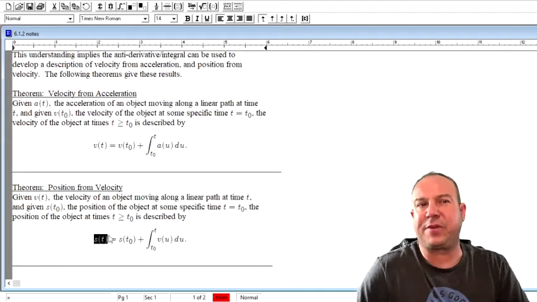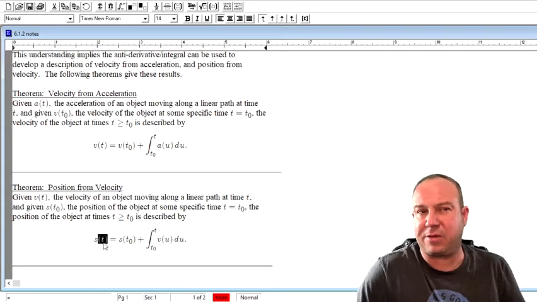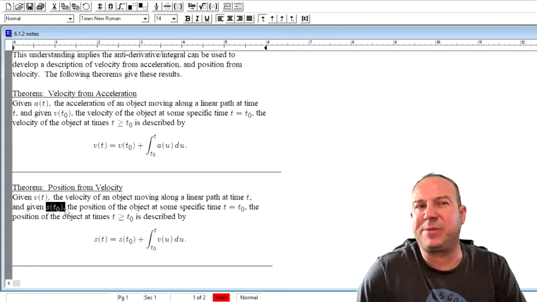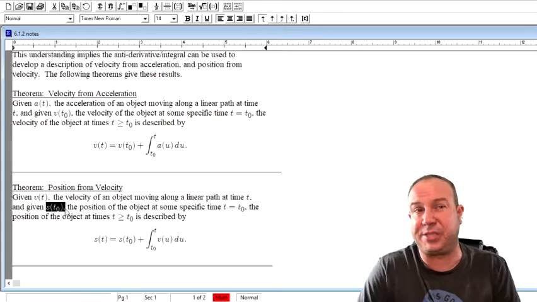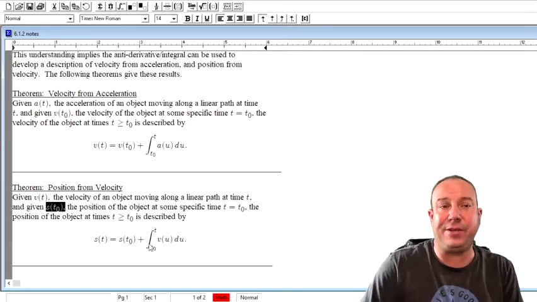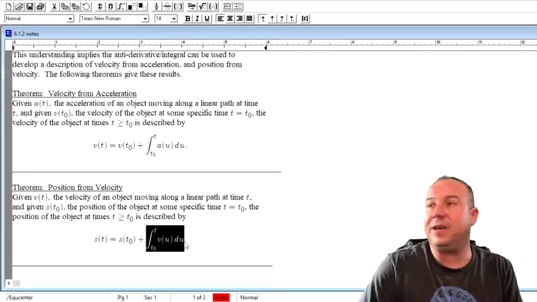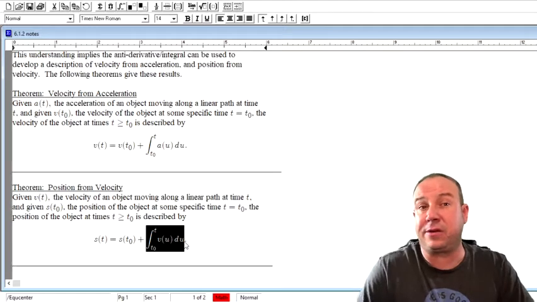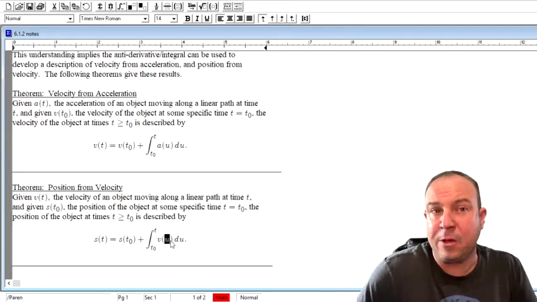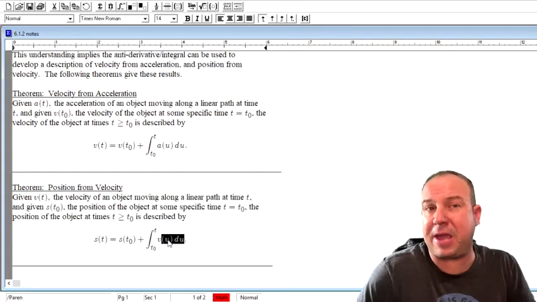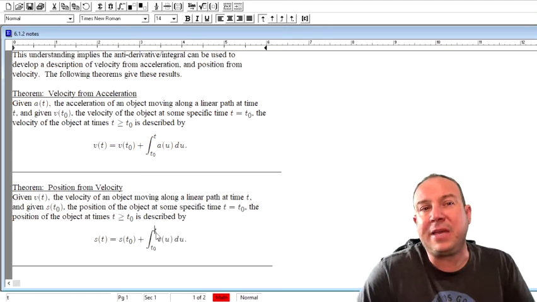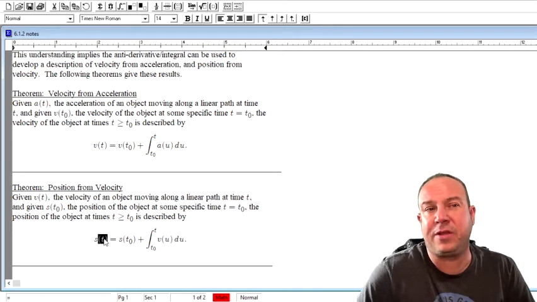That description for s of t, where t is going to play the role of the independent variable, is equal to our very specific observation of position at time t null, added to the definite integral calculation for our velocity function, where now u again is going to come back and play another role as a dummy variable replacing t, because t again is the independent variable in our result.